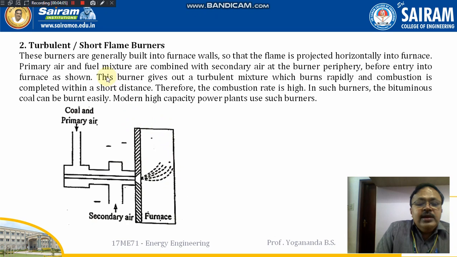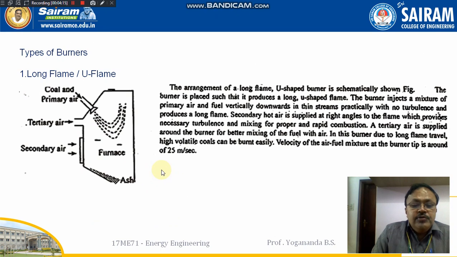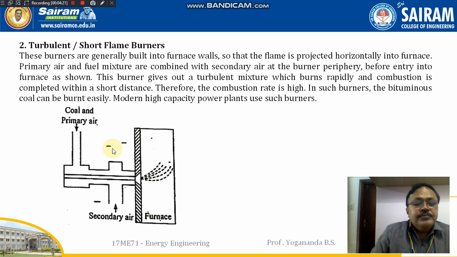That's why we say that the burner gives out a turbulent mixture which burns rapidly, and combustion is completed within a short distance compared to your U flame burner, where the combustion takes place over a long distance. The combustion rate is very high here, and bituminous coal can be burnt very easily in turbulent or short flame burners.